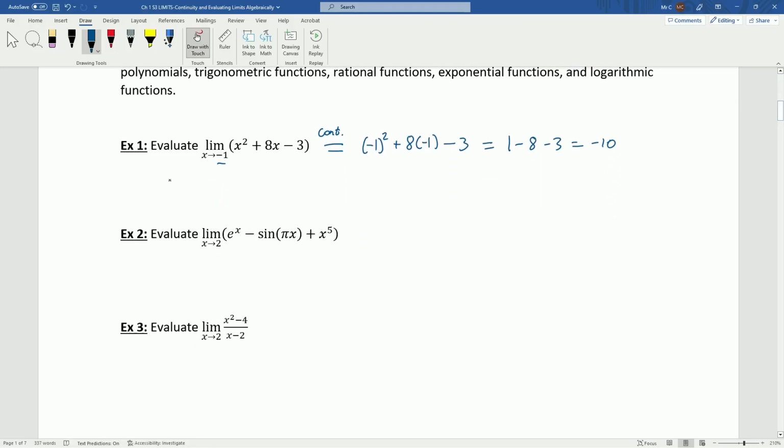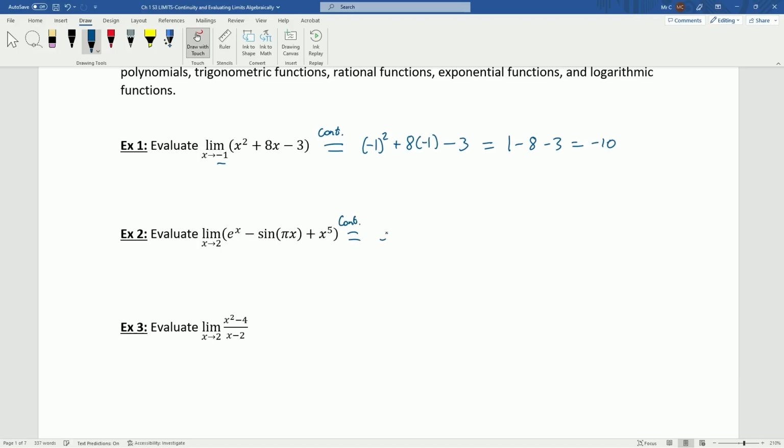Okay, so here is an important idea, which is that the sums and differences of continuous functions are continuous themselves. So we look here, e to the x minus sine of pi x plus x to the 5th. All of these are continuous functions. Their domains are all real numbers, so we don't have to worry about where x is. So we can just evaluate. Use continuity.